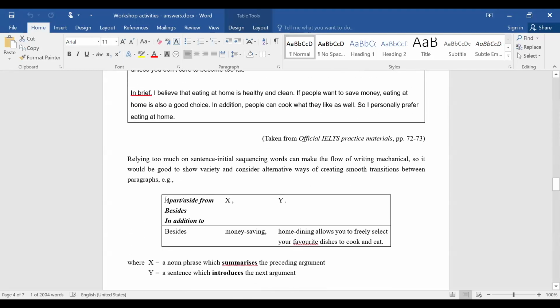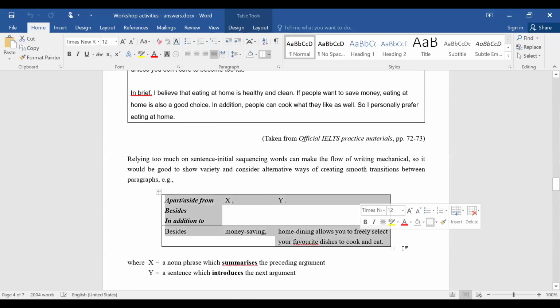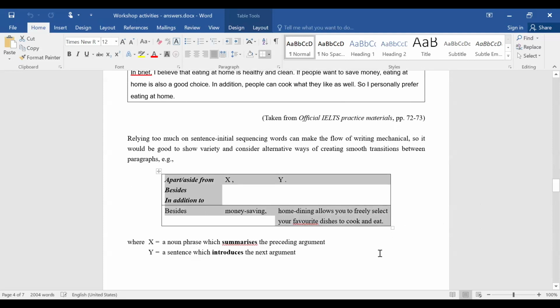Here, if you look at the figure, I do have a suggestion. I've actually pointed this out in my previous 2 workshops on coherence and cohesion, but let me just reiterate that we can use the connectives apart from, aside from, besides, or in addition to.